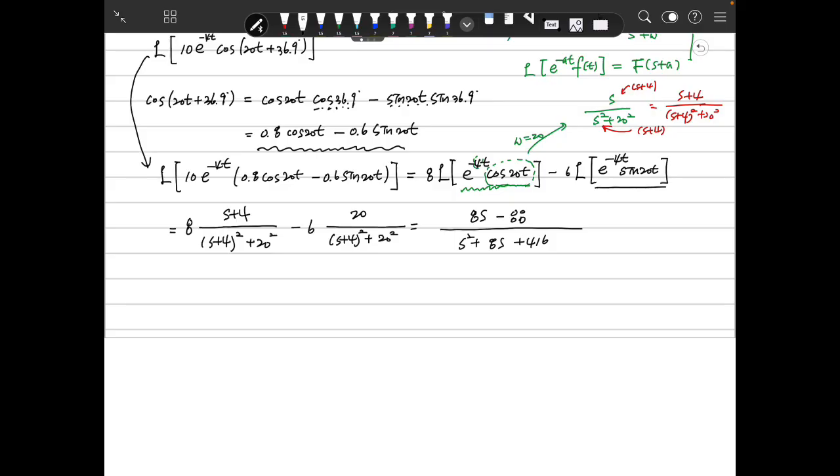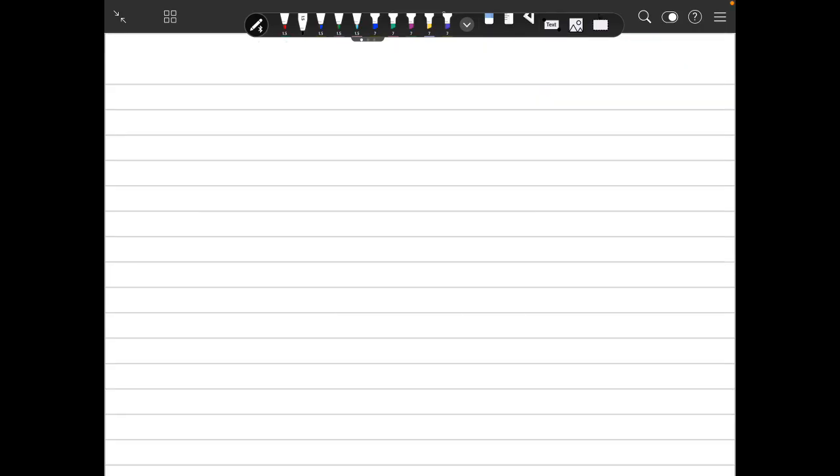So what about the pulse inputs? Pulse inputs, in chapter 14 and 3, this is pulse input. That means we'll discuss the time delay.